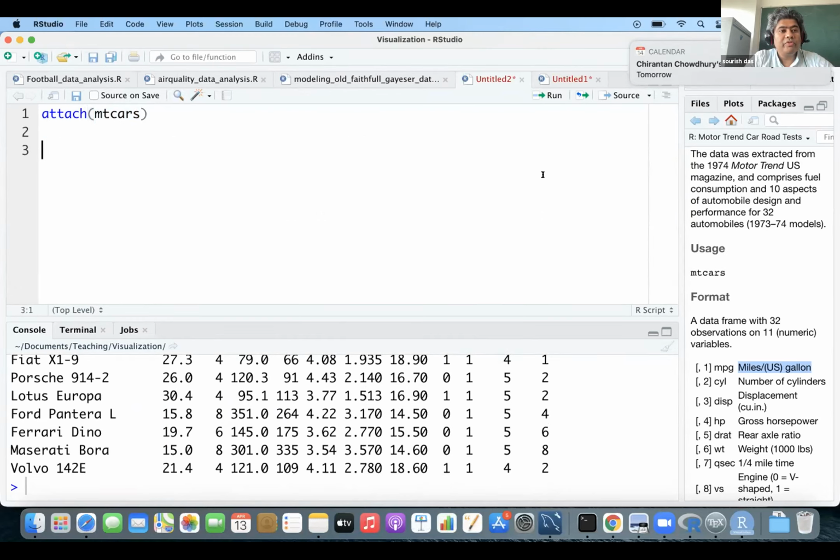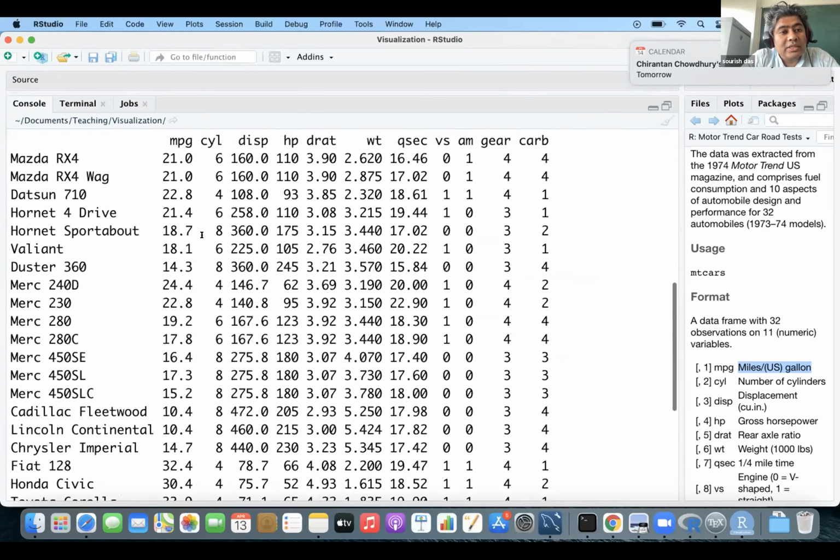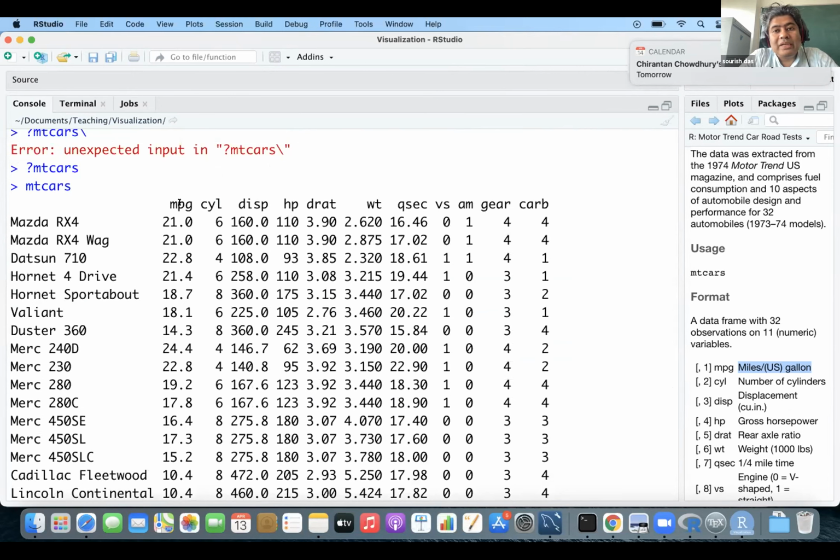So before we even start, our main objective, our main target variable, is miles per gallon. We'll first try to understand and study the MPG, and then we will study its behavior with respect to the other variables.